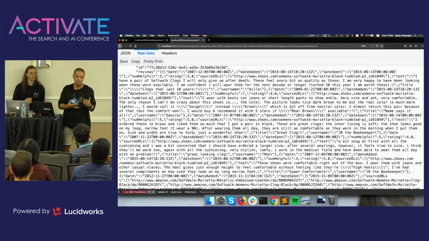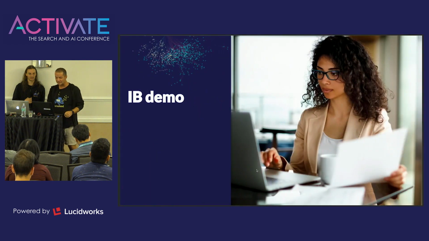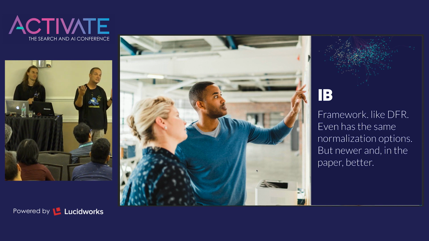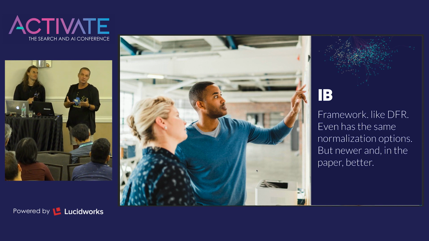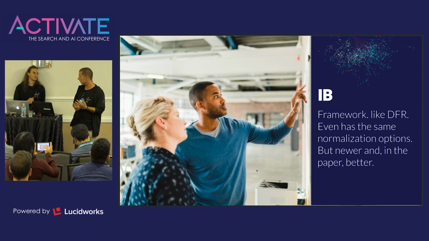Maybe H2 is not the best. Maybe H3 would be better here. Something for homework. So getting back to that, remember that this is a framework like the DFR, and it's newer, and in the paper in general, it's said to be a better choice than the DFR itself.